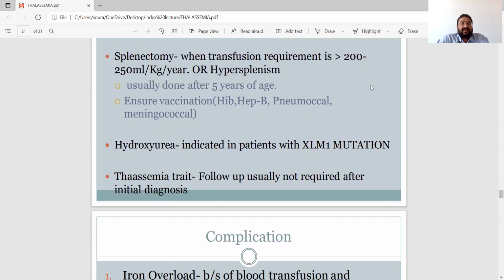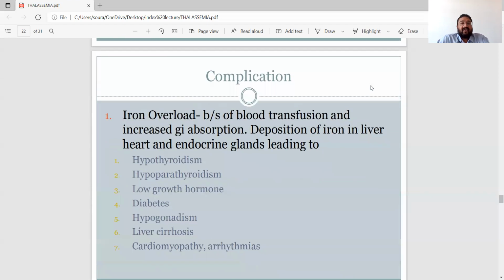In children with thalassemia trait, follow-up is usually not required after initial diagnosis, because this patient usually does not develop severe anemia or other signs of thalassemia. Complications that may occur are iron overload because of the regular blood transfusion. This patient may develop overall iron overload state because of increased GI absorption.